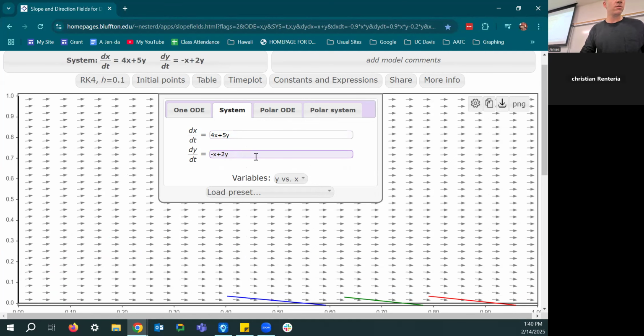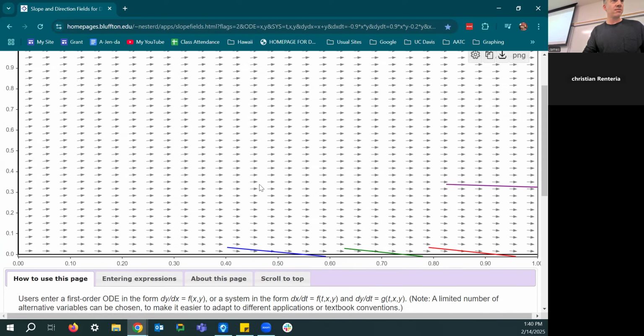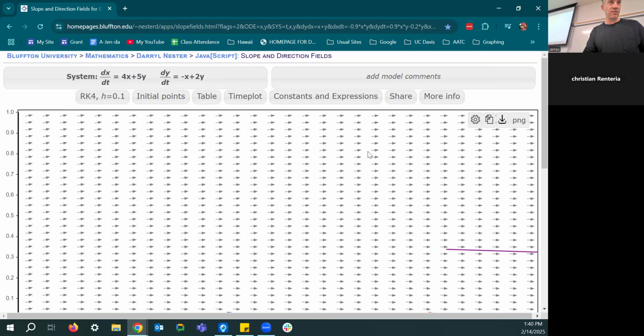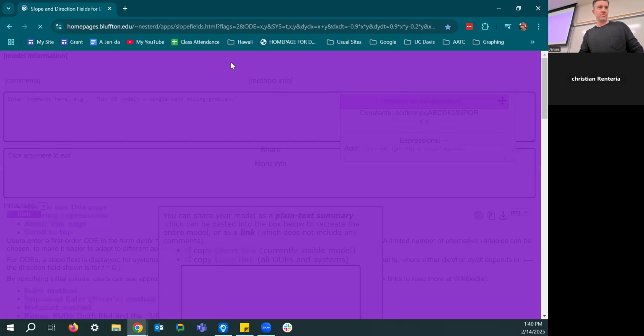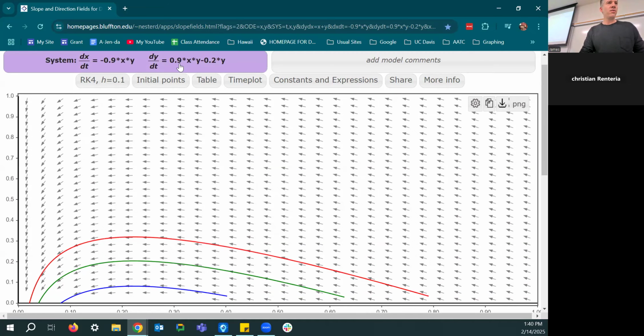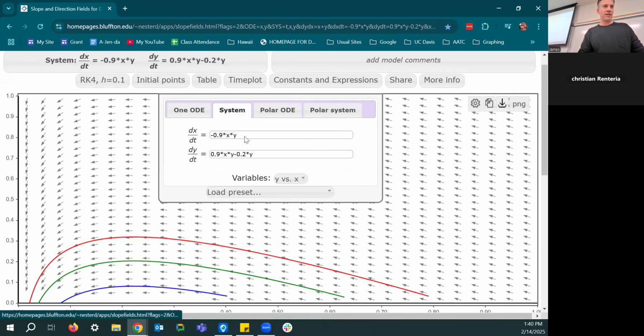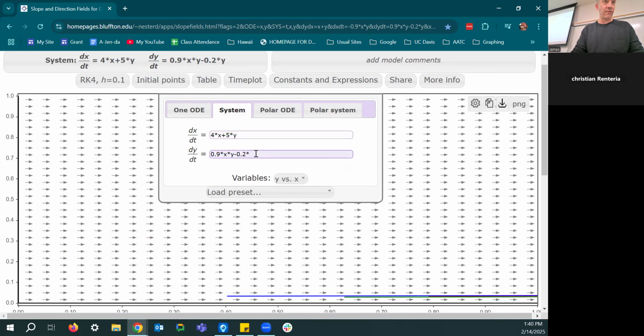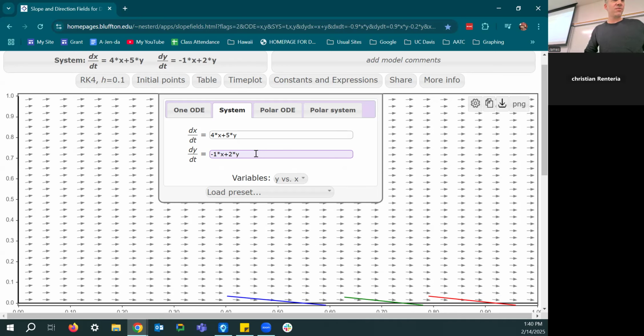Cool, let's hit enter. Well, y doesn't look like anything. Why doesn't it look like anything? And I need to zoom out some weird way. Let's. This one not the cube in the asterisk? I don't. You know what? Maybe it does. I was hoping it didn't because I was feeling kind of lazy, but you might be right. 4 times x plus 5 times y. And then we have -x. Let's be extra careful. -1 times x plus 2 times y. Nope, still looks super funky.